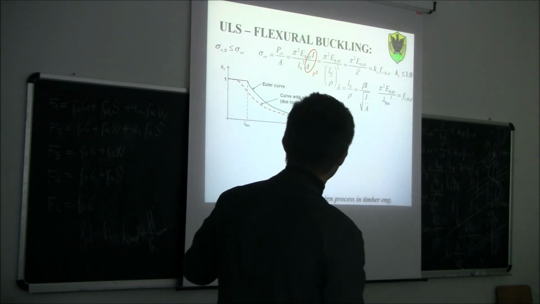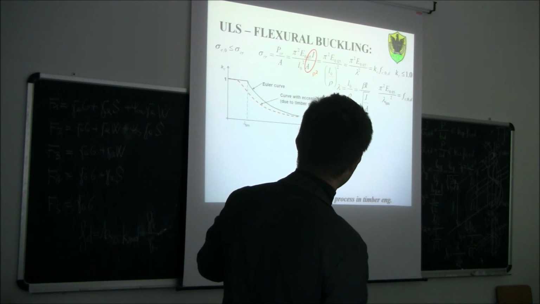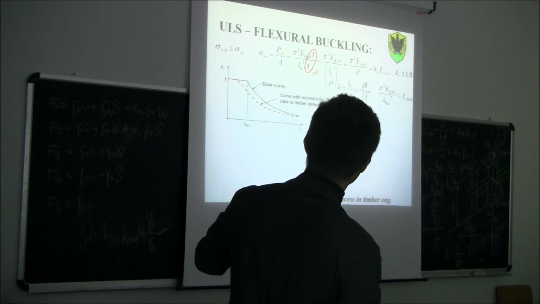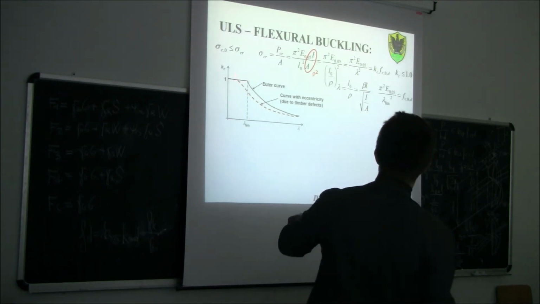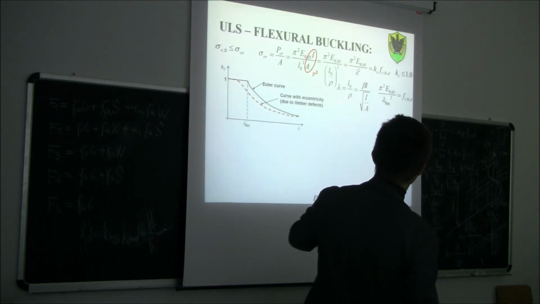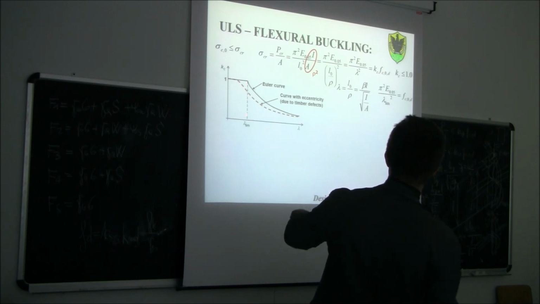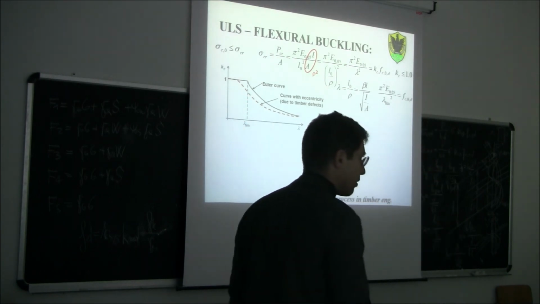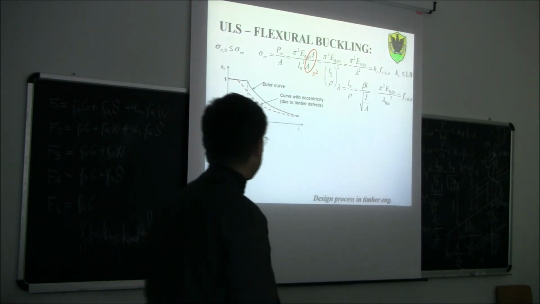And then, to find this point here, this is the intersection between the Euler curve, the black one, and this curve here, which represents the compressive strength. The equation of this curve is pi squared times E divided by lambda squared equal to fc0d. In this way we can find this limit value of the slenderness ratio at the intersection between the Euler curve and the curve representing the compressive strength.